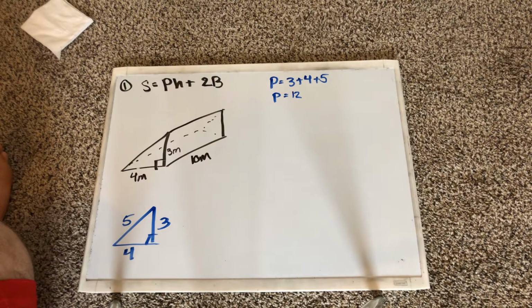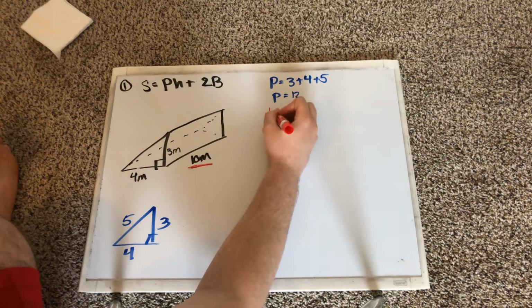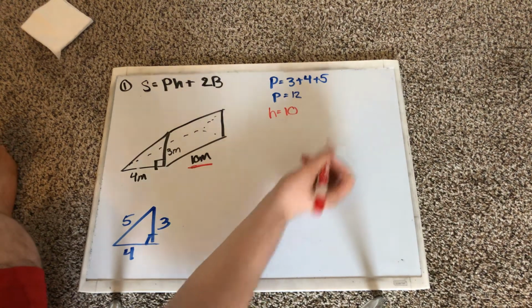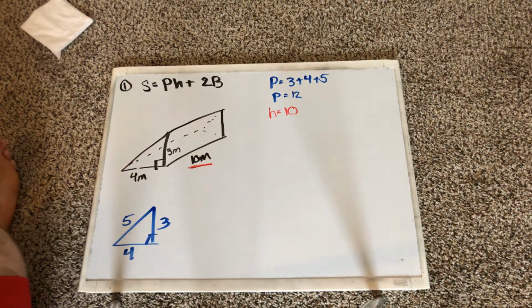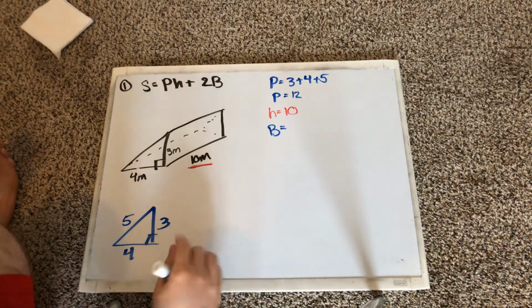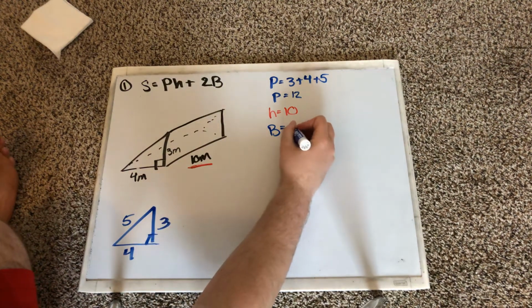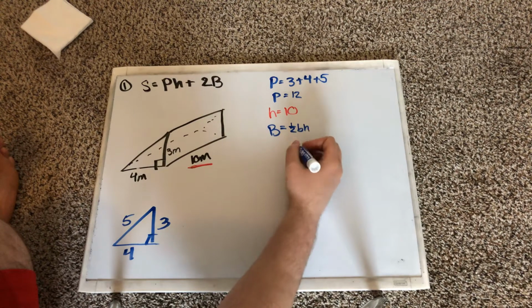If I'm looking right here, the distance between my two bases is right here. So the height is 10. And finally, if I want to find the area of my base, the area of a triangle is 1/2 times base times height.